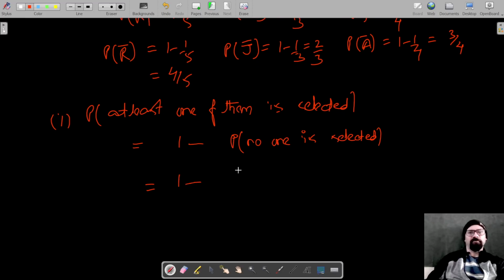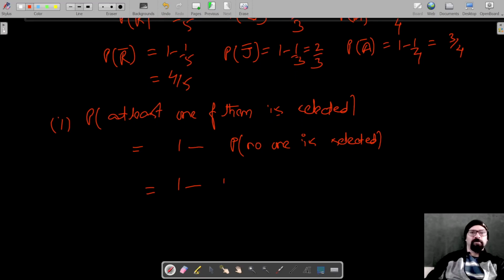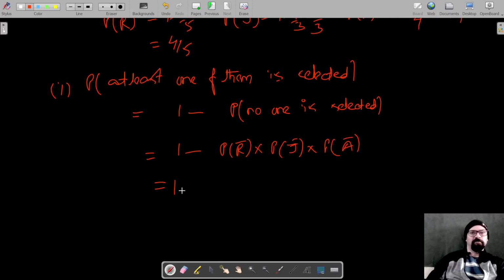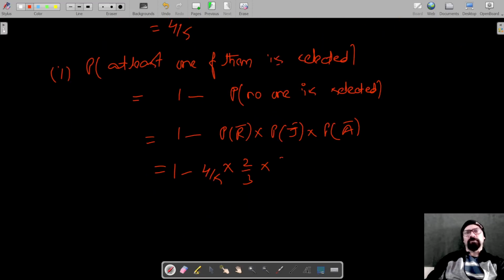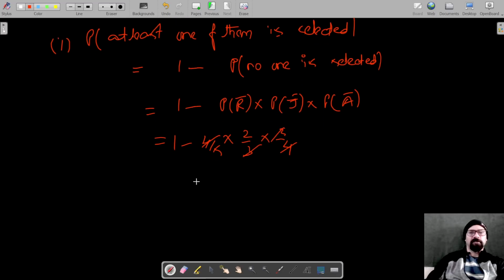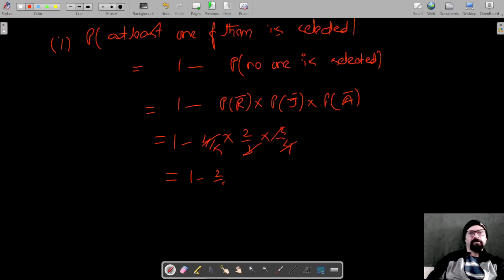So 1 minus probability of Rohit not selected into probability of Jaspreet not selected into probability of Alia not selected. So this is equal to 1 minus 4 by 5 into 2 by 3 into 3 by 4. Okay, this gets cancelled, and it is equal to 1 minus 2 by 5, which is equal to 3 by 5. So probability of at least one of them is selected is 3 by 5.